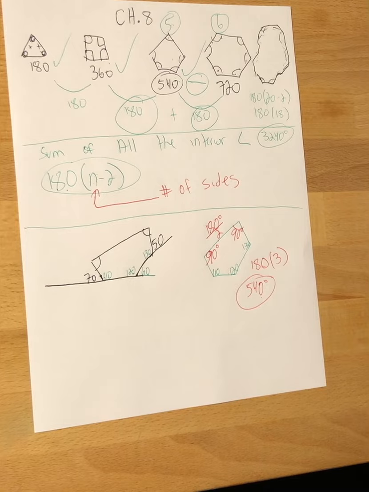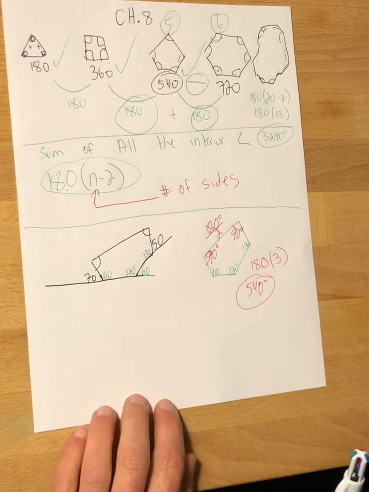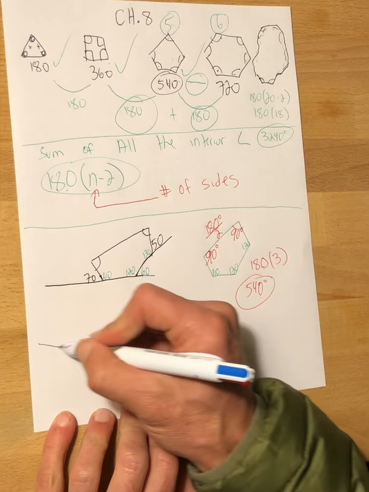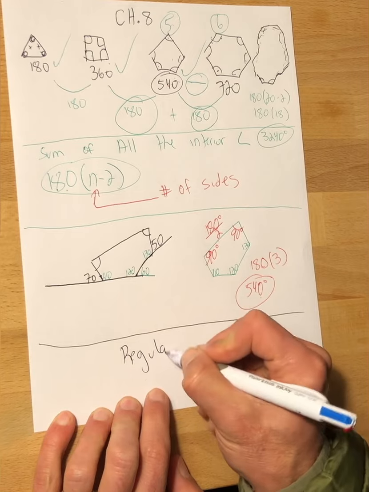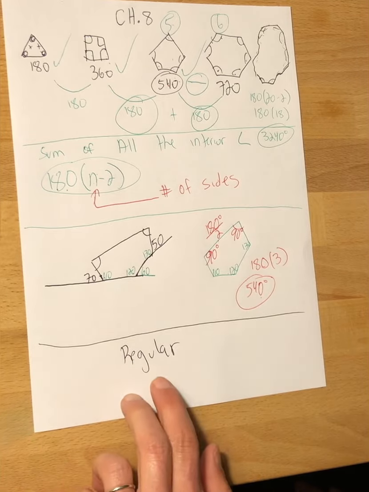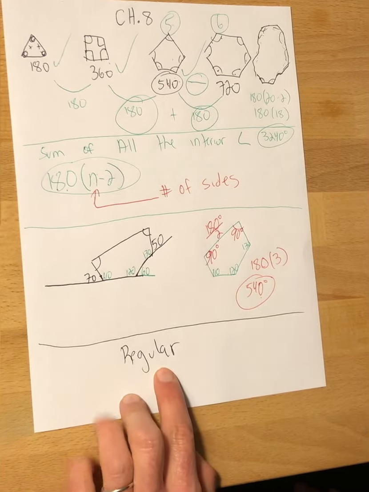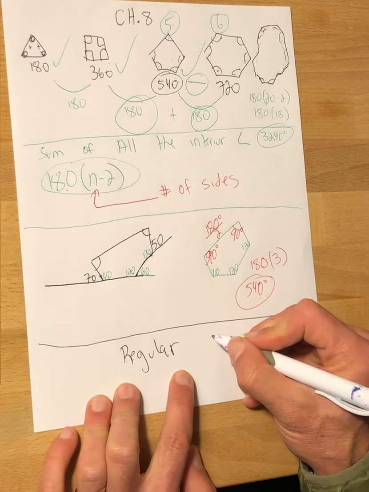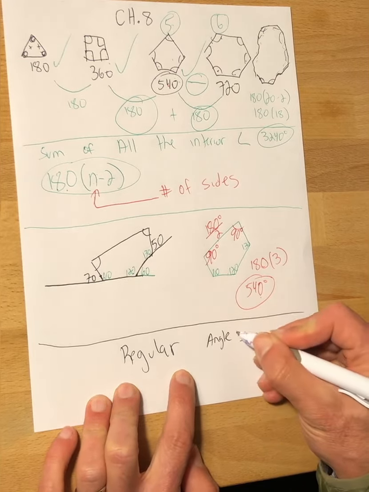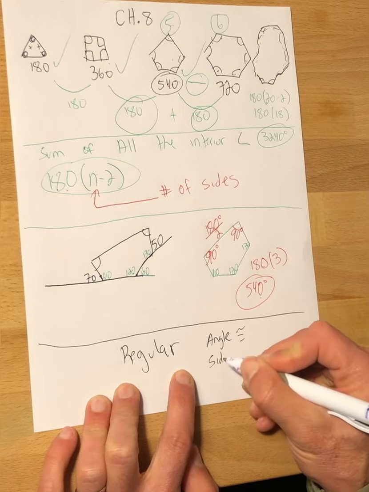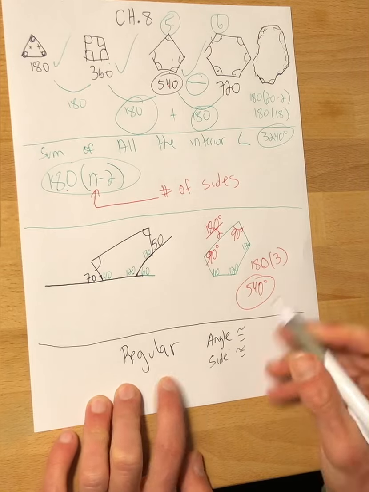Now we're going to get to the little more in-depth part of this lesson. And in the notes, I talk about a word called a regular shape or a regular polygon. Whenever you see the word regular, what that means is every angle is congruent and every side is congruent.